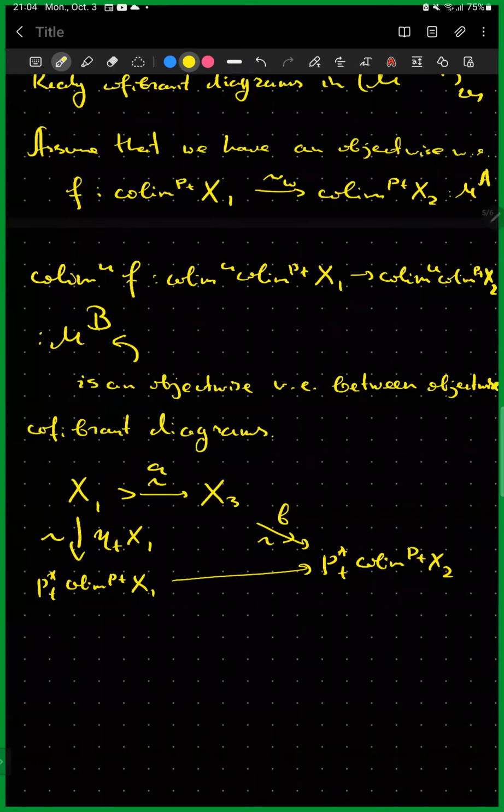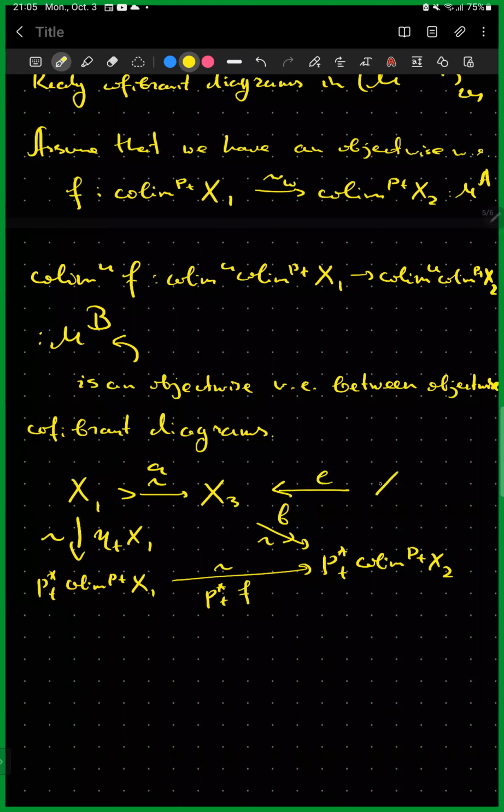This is also an equivalence because we have such a natural transformation, which is a natural equivalence. And we have PT upper star F, which is also an equivalence between these two. So obviously the induced diagram functor preserves object-wise weak equivalences, which is since f is one, it is preserved.